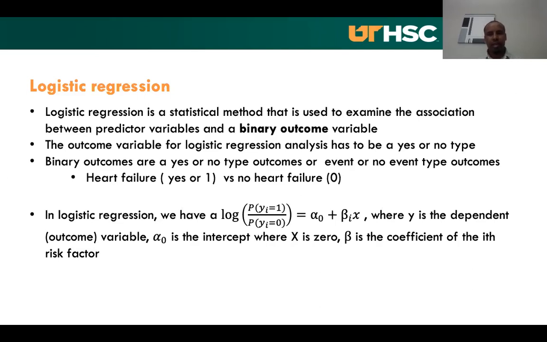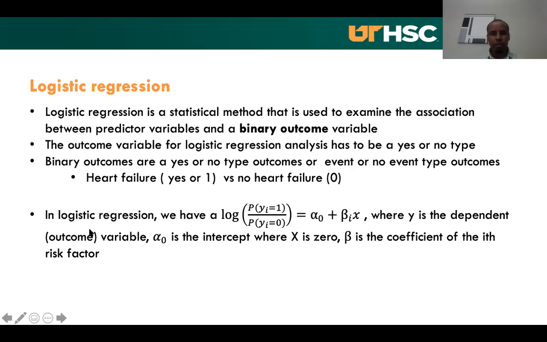In logistic regression, we have the log of the probability of having the health outcome, or y equal to 1, divided by the probability of y equal to 0, equals the intercept plus the beta coefficient times the predictor variables.